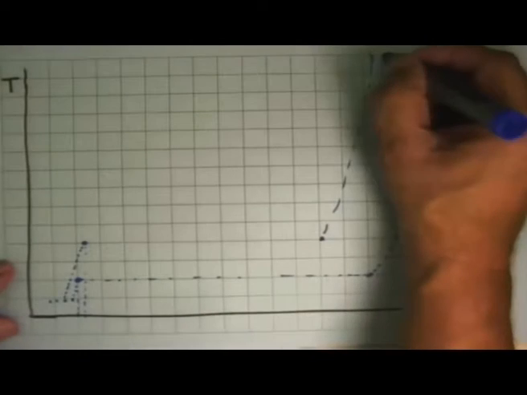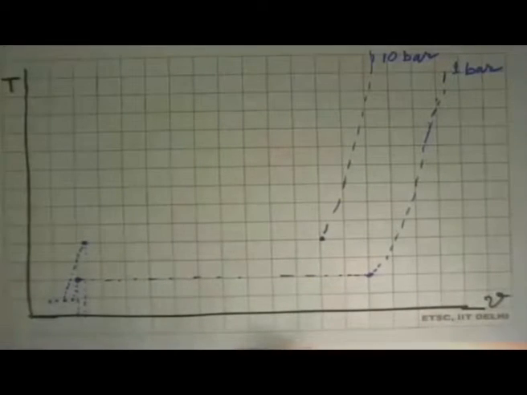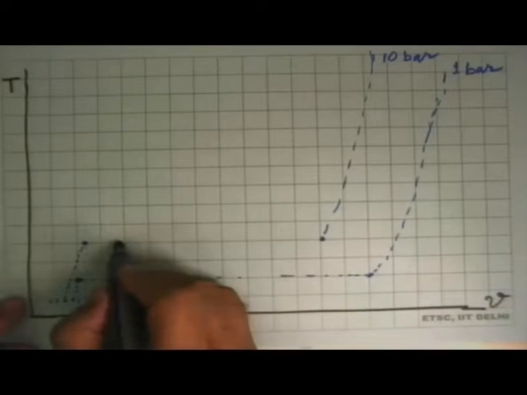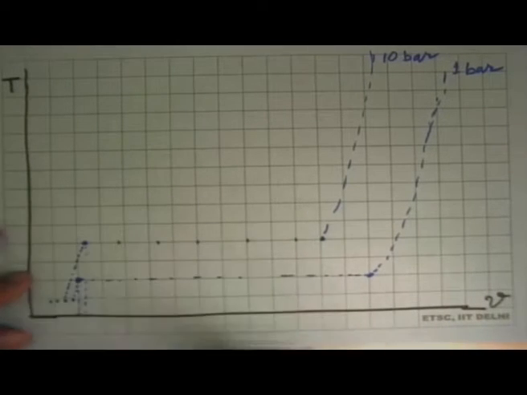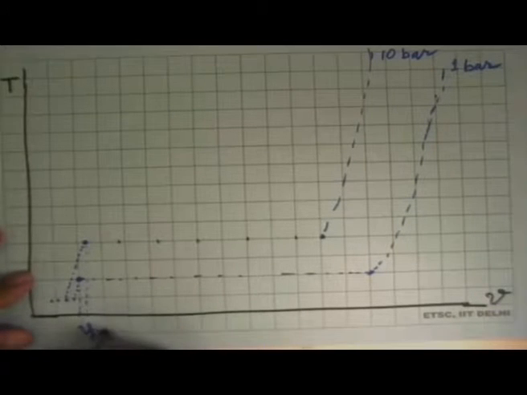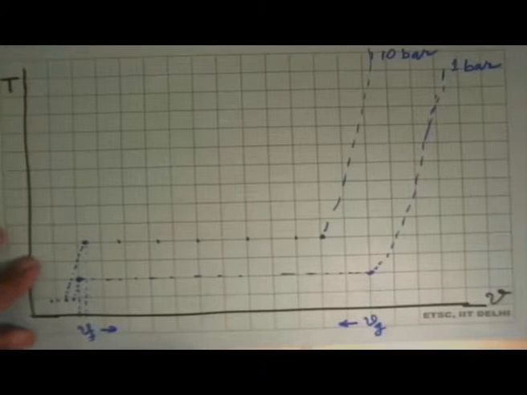So this is 10 bar. In between these, we have all the saturated states. So that's what 10 bar did. Vf moved, became bigger. Vg decreased in quantity.